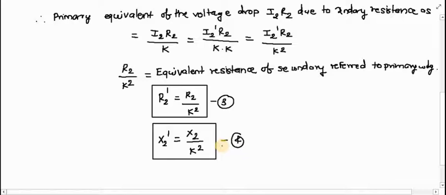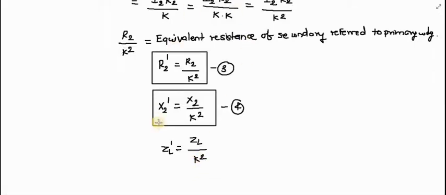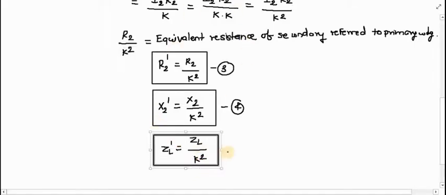In a similar way, the equivalent load impedance referred to the primary side: let ZL be the load impedance. When ZL is transferred to the primary side, it becomes ZL dash, which equals ZL divided by K square. Give this as equation number 5.